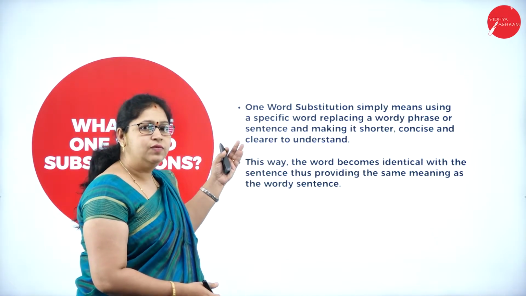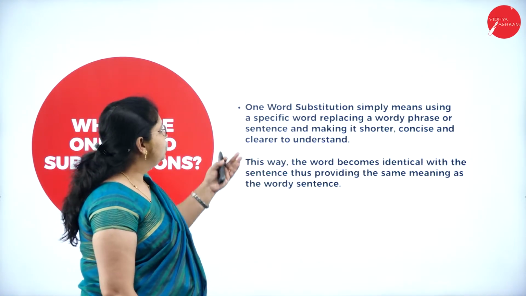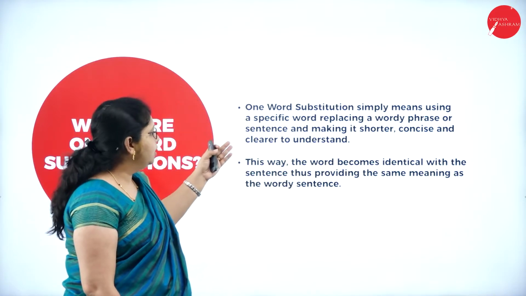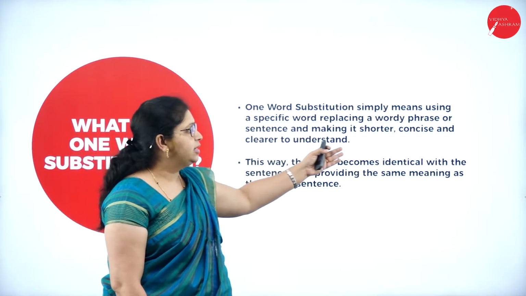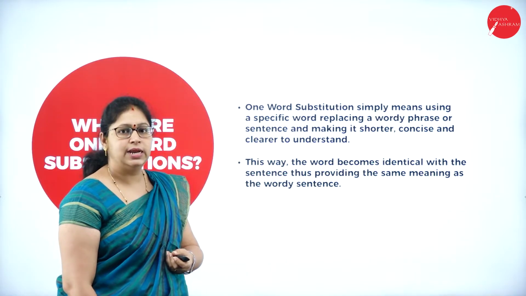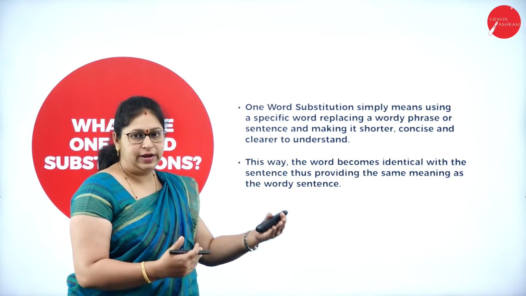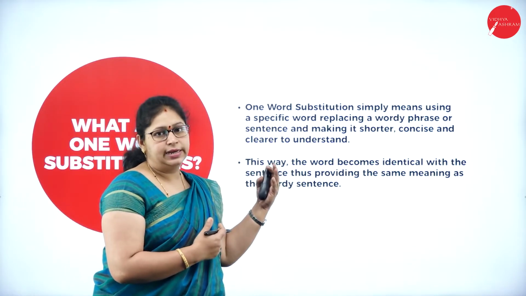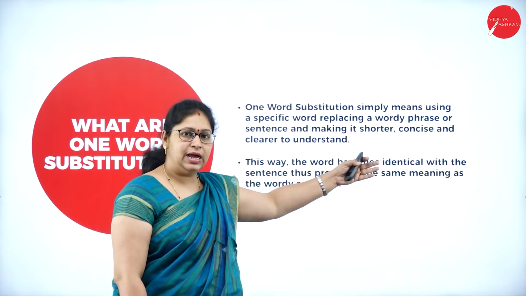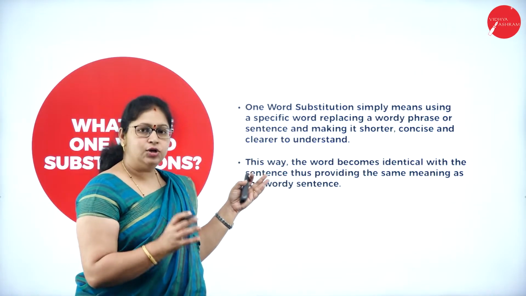What are one-word substitutions? One-word substitution simply means using a specific word, replacing a wordy sentence or phrase and making it shorter, concise and clearer to understand. Here, instead of using a group of words, that is phrases or a wordy sentence, we make it shorter, limited to the meaning, concise and clear to understand.